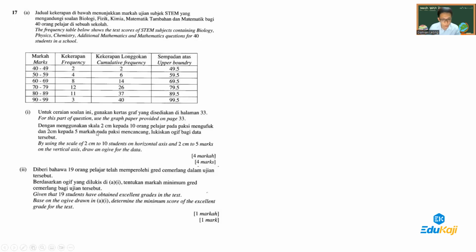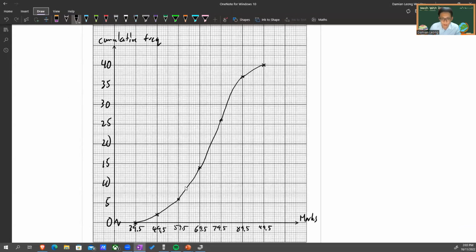So for A2, given that 19 students have obtained excellent grade on tests, based on the graph determine the minimum score of the excellent grade. 19 students. So we look at 19.